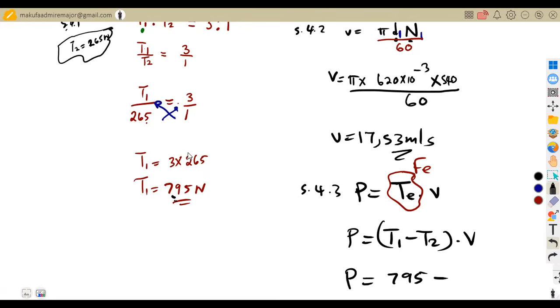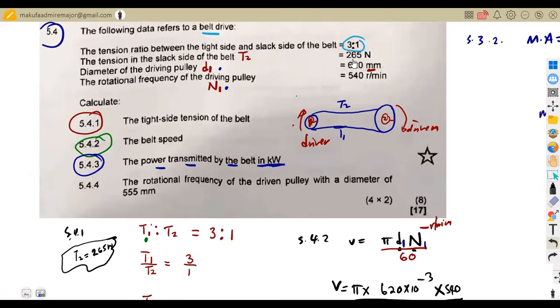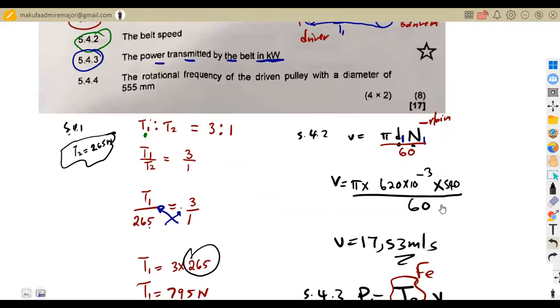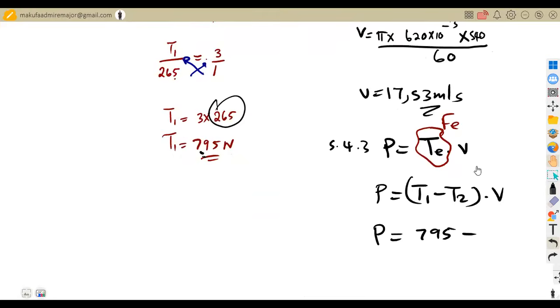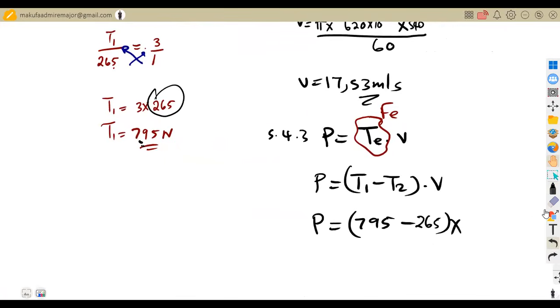Remember, our T2, the slack side, was 265 Newtons, from our information here. So you subtract these two, and multiply by the velocity that we calculated here, 17.53 meters per second. All right, so this is going to give us the power in this case.